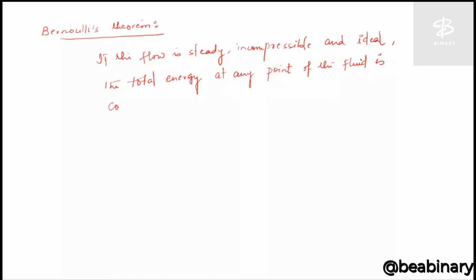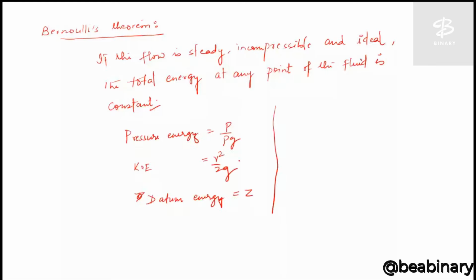Okay, so my pressure energy is P by rho G, kinetic energy is V square by 2G, and datum energy is Z. According to Bernoulli principle, we can write P by rho G plus V square by 2G plus Z is equal to constant. So this is my Bernoulli principle. Okay.